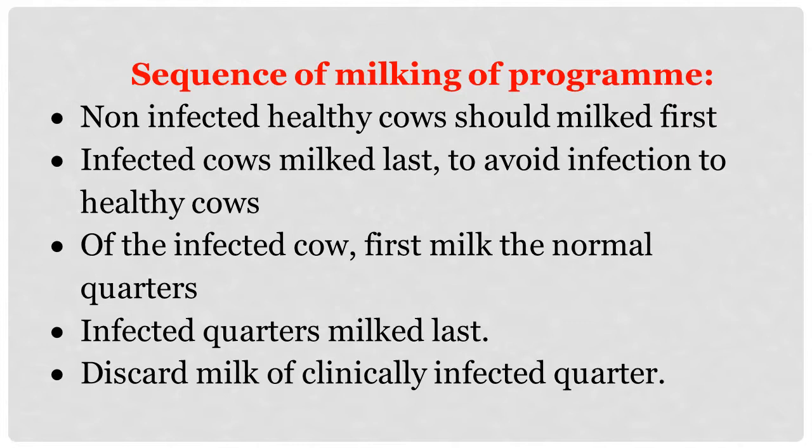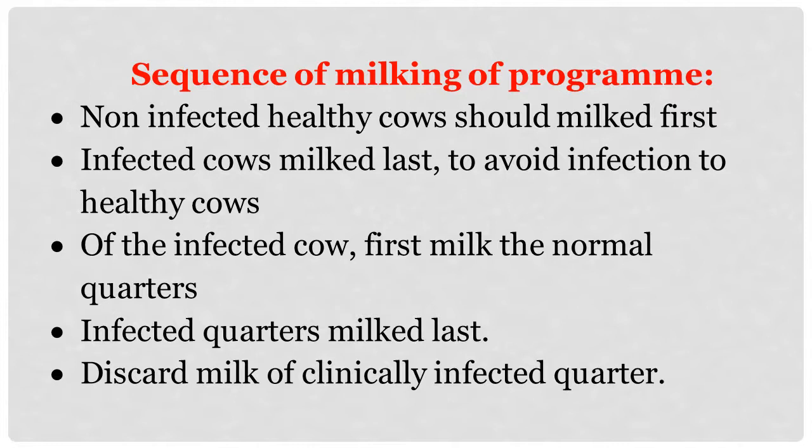Then another step: in the infected cow, 1/4, 2/4 or 3/4 quarters may be infected or may be normal. So in the infected cow, first milk the normal quarters and then milk the infected quarters. Infected quarters must be milked last, so there are no chances of transmission of infection from the infected quarter to the healthy quarter.